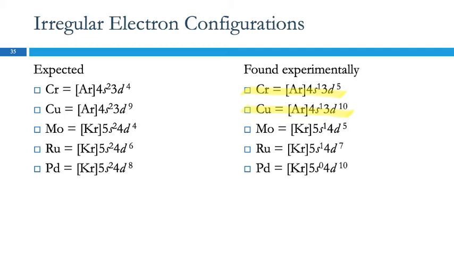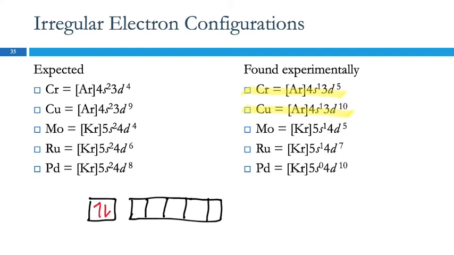So if we look at the valence, the stuff past the noble gas, we'd expect 4s2 and 3d4. The 4s is full, and the 3d has 4 out of 10 electrons.